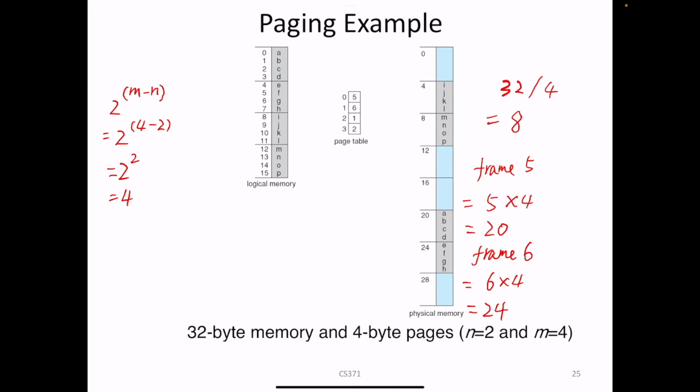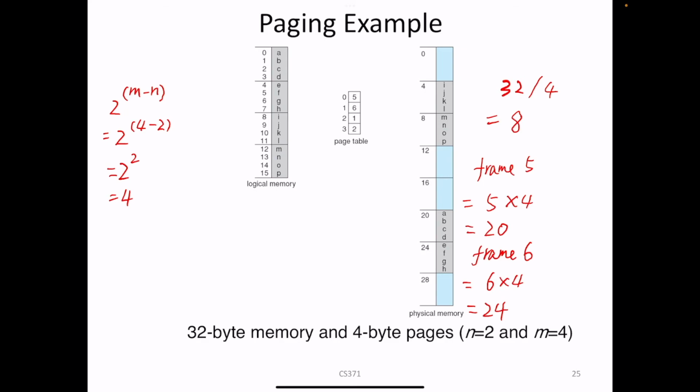Then let's look at a more specific paging example in this slide. In this example, we assume the total physical memory size is 32 bytes, and the page size is 4 bytes. Then we can calculate that the page offset n is 2. We assume the logical address size m is 4 bits.